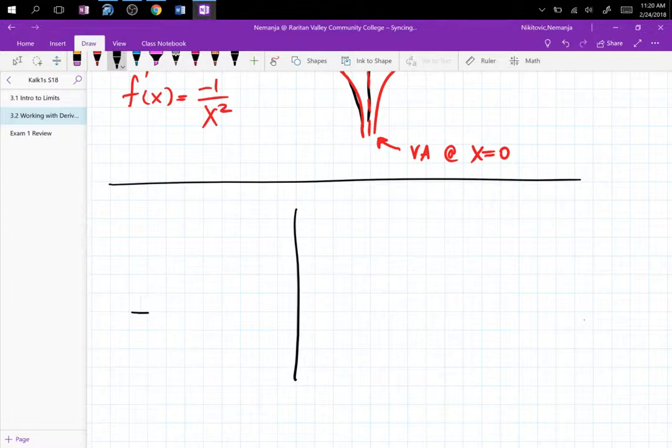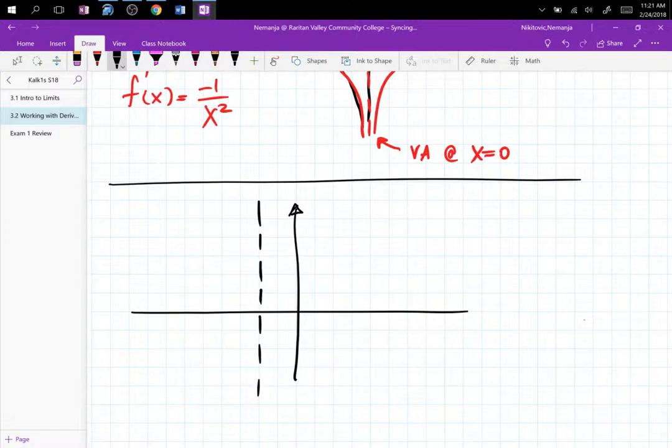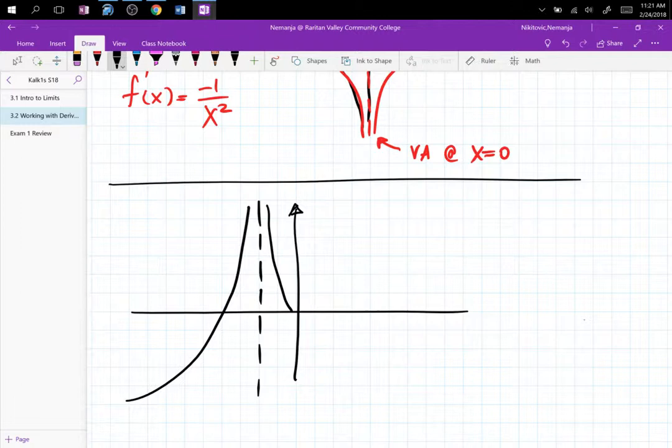So we're going to put, say, let's put the vertical asymptote at -2. Let's go from, let's do this, and then go here, bump, and go flat.